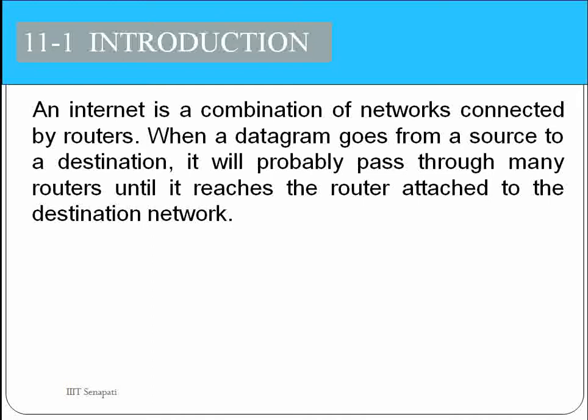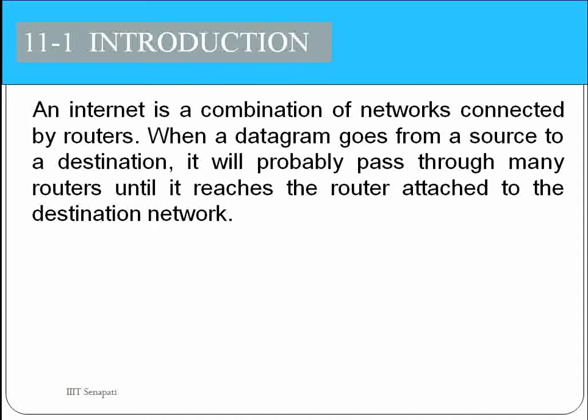If you remember, while sending a packet we have a field number of hops, right? So it goes through many routers. So we will have to consider how the packets would be routed so that they reach the destination in optimal time, right?